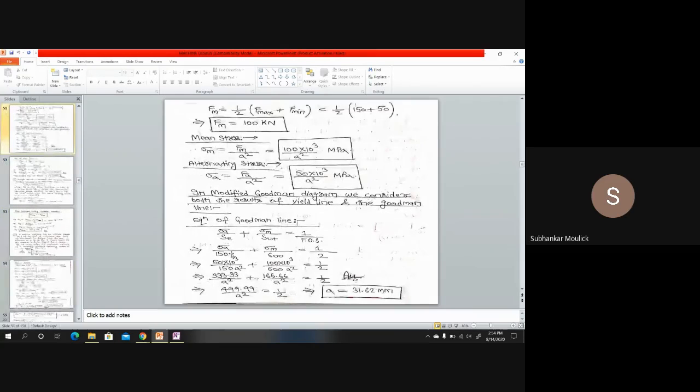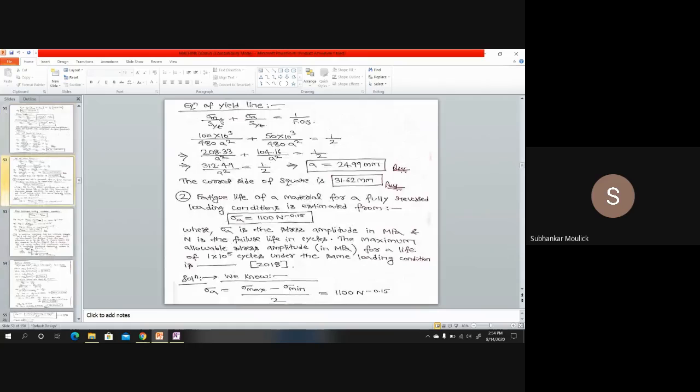So sigma m by SYT plus sigma a by SYT is equal to 1 upon factor of safety. Sigma m is already given in the problem, and sigma a is also given. Now, if you solve this yield line equation, you will get A equal to 24.99 mm.